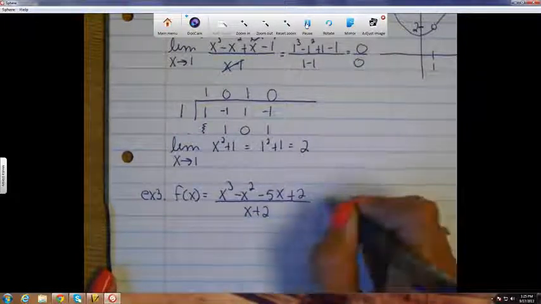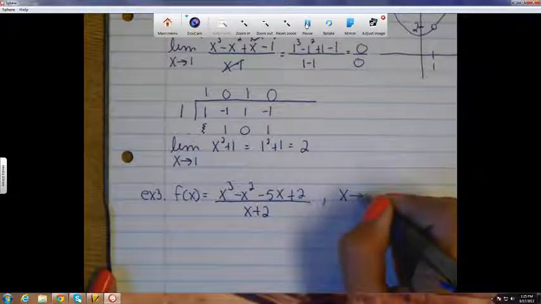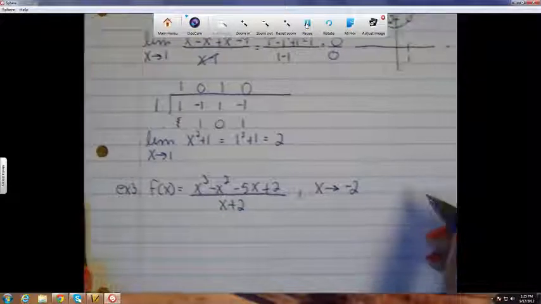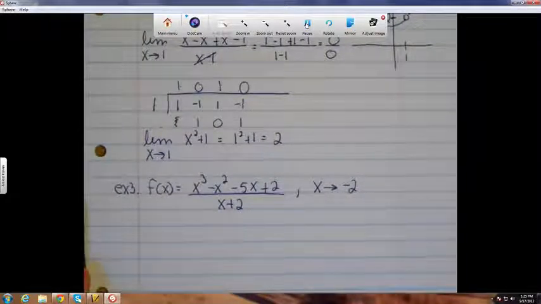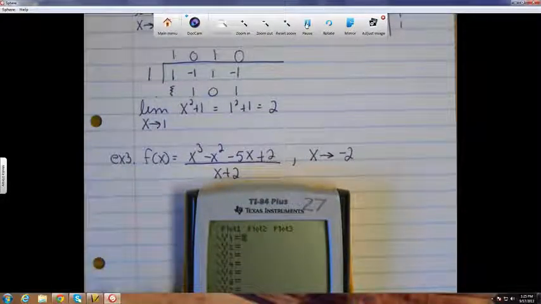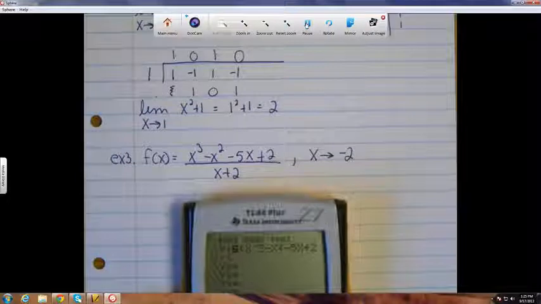And we are going to approach negative 2 and find that limit algebraically. Plot the graph first. Clear all that out. x cubed minus x squared minus 5x plus 2 divided by x plus 2.